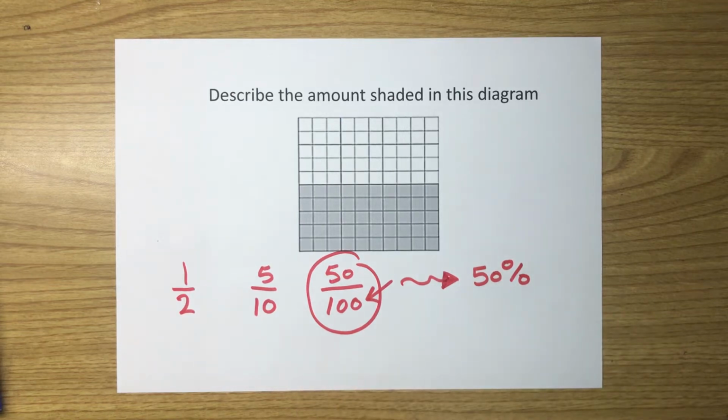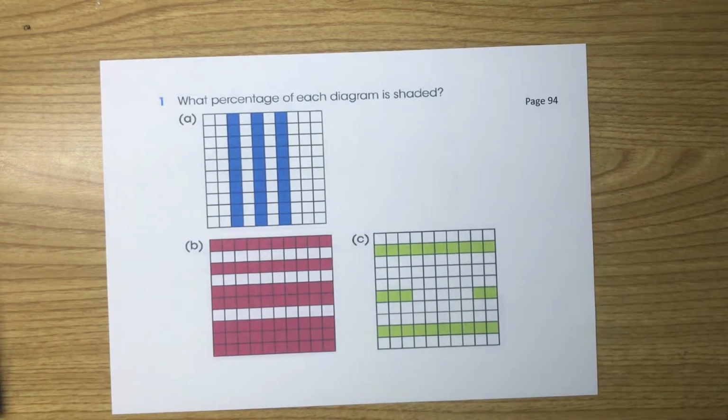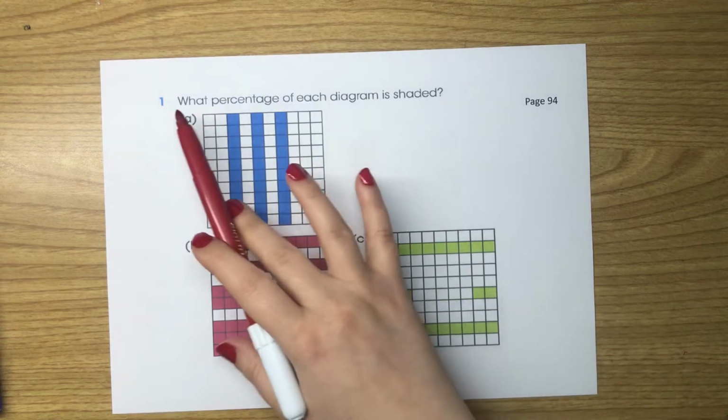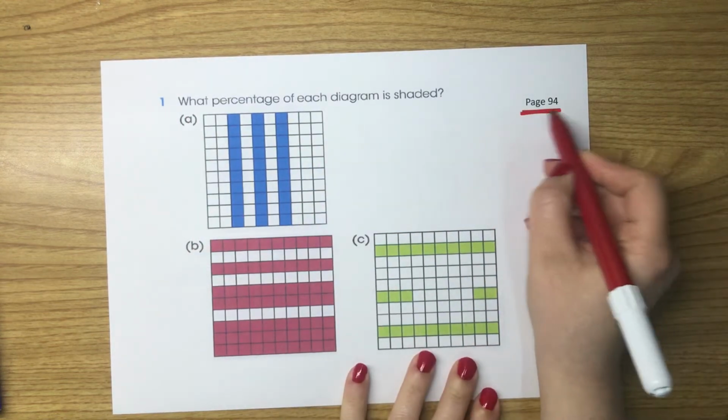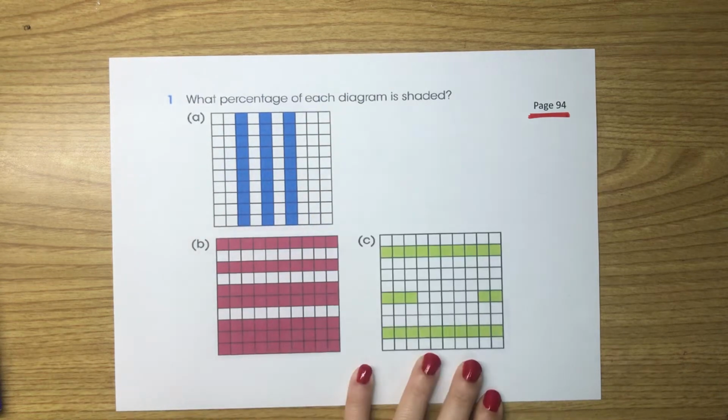Exactly, guys. Okay, let's move to the questions. Open your learner's book, page number 94, so you can do the exercises with me. This is question number 1. What percentage of each diagram is shaded?